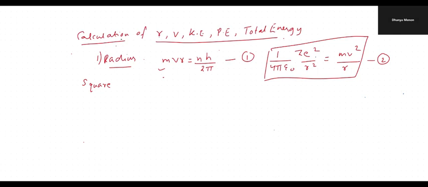Here I'm going to calculate the radius of different shells. Okay, now these are the two equations you know. I'm going to square equation 1 and divide by equation 2.